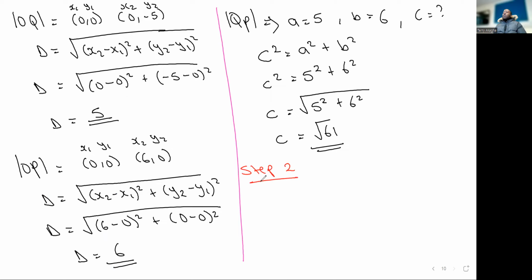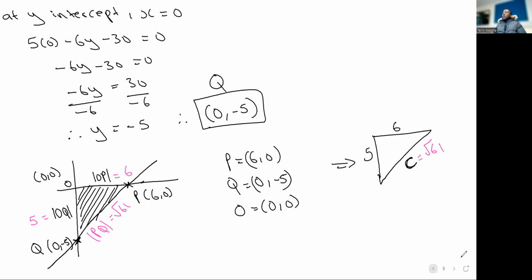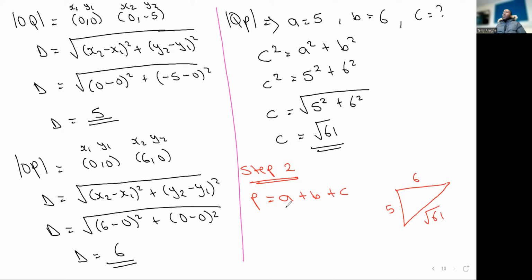okay? Step 2, we know that the perimeter is equal to A plus B plus C, all right? I already know this. We know that the sides are 5, 6, and root 61, okay? So 5, 6, and root 61. So that means the perimeter is going to be equal to 6 plus 5 plus root 61.